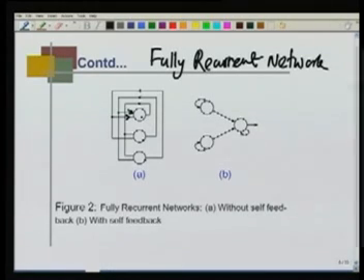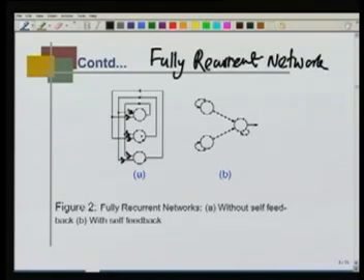So, the input to this neuron is coming from the other two neurons. Similarly, this neuron's inputs are coming from this neuron and this neuron. So, in that sense this is a fully recurrent network. Each neuron is connected to all other neurons in the network.